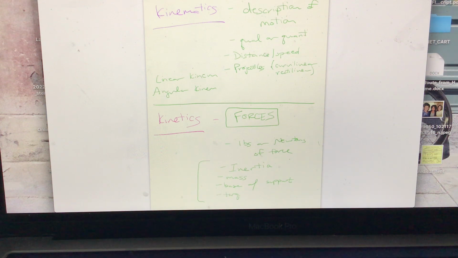But I also want to introduce torque. All right, torque. You ready for my simple definition? Either rotary force, or you can think about it as force around an axis. Whichever sinks into your brain better.